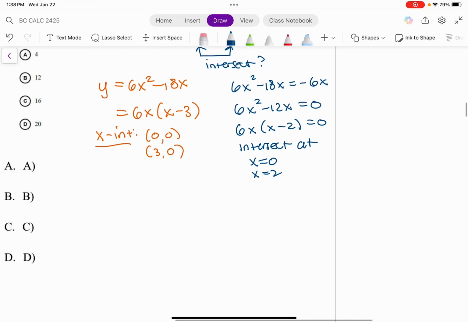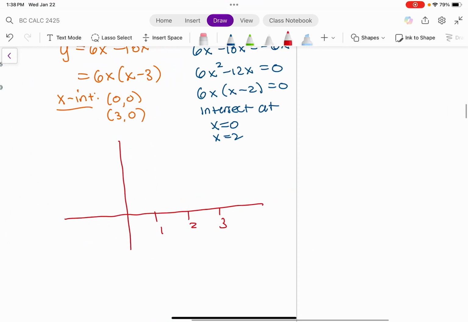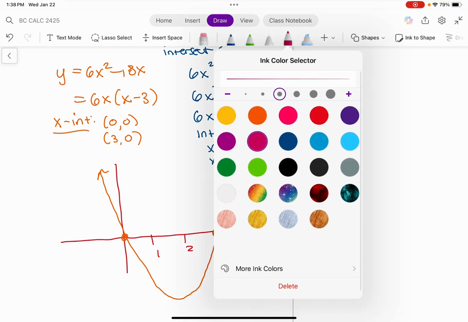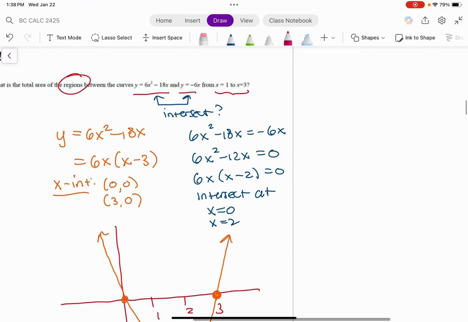All right, so let's sketch this now. So I've got my parabola, 1, 2, 3, we'll say. And then my parabola up here in orange has x-intercepts of (0, 0) and (3, 0). It opens up, so it's going to look something like this. And what does negative 6x look like?